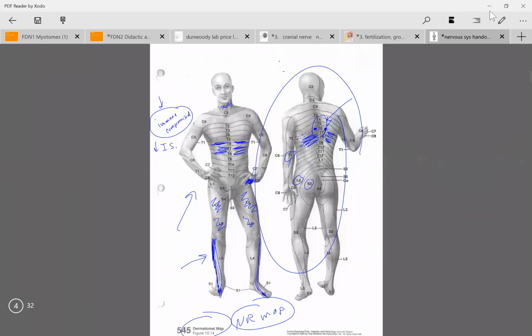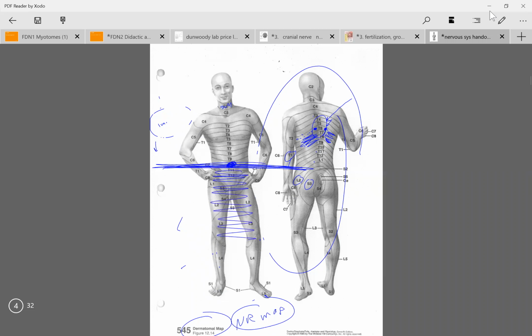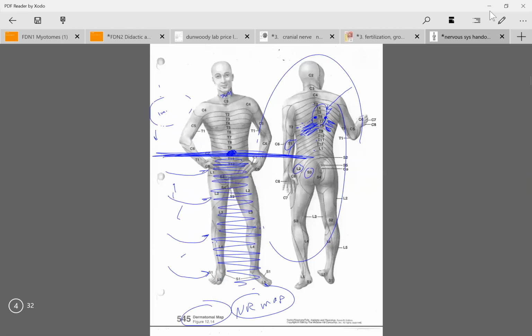When you look at a person from the front, about where their belly button is, all of the sensory information that goes into the body and into the FG part of the spinal cord, the fasciculus gracilis.